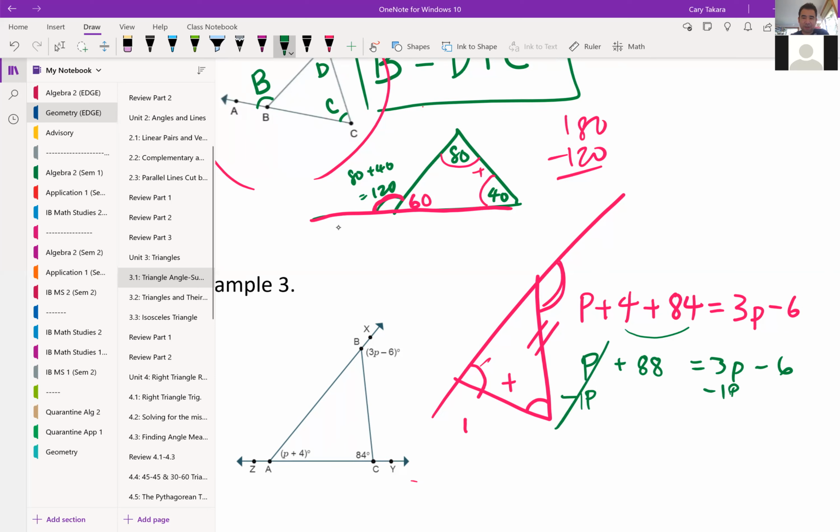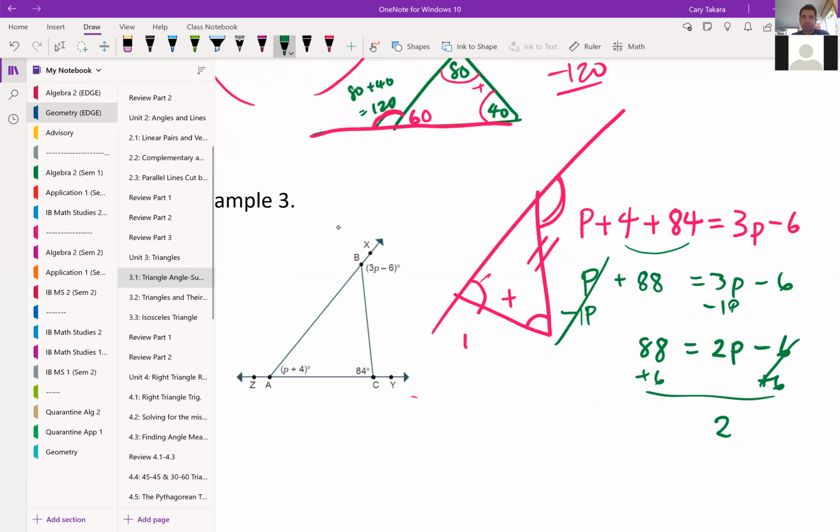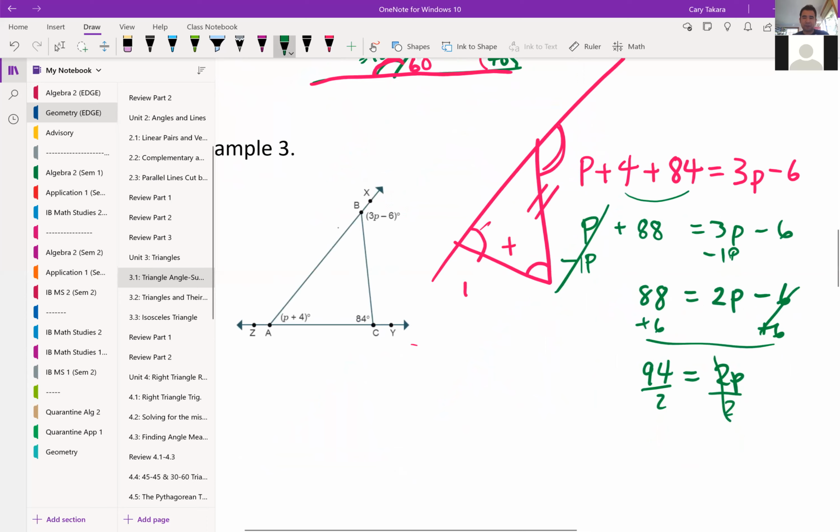That p is gone. 88 equals 2p minus 6. So now you add 6 on both sides. 2p equals 94. Then divide by 2, divide by 2. So p equals, what is it, 47?